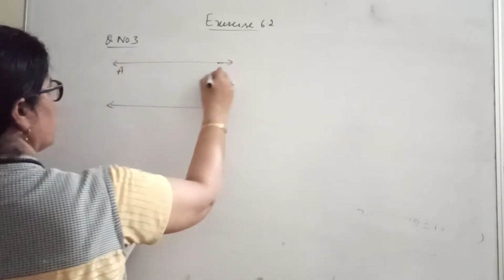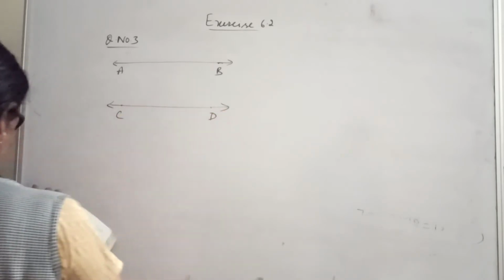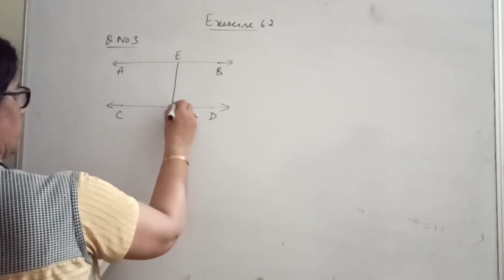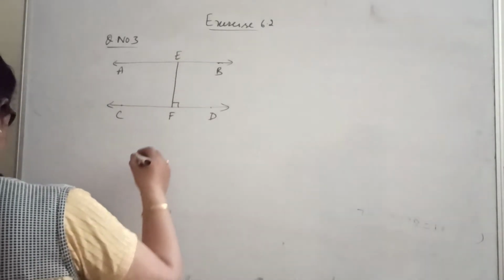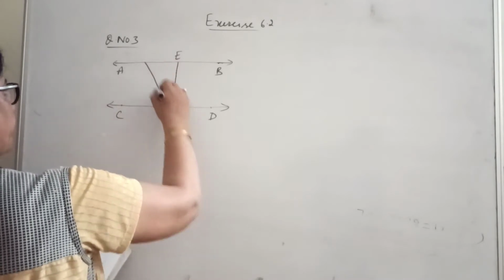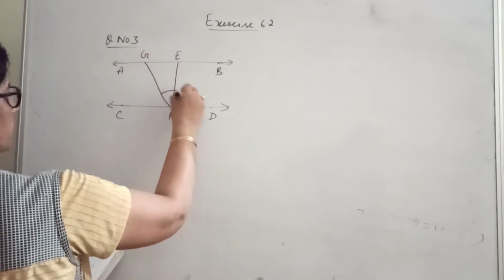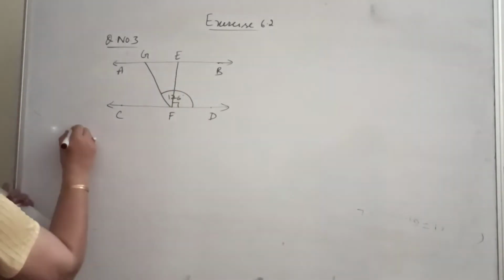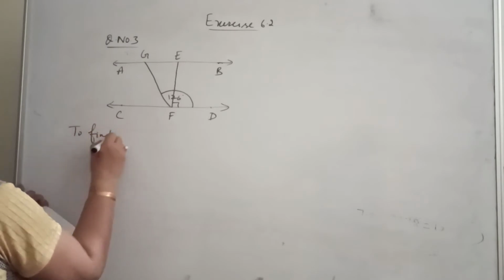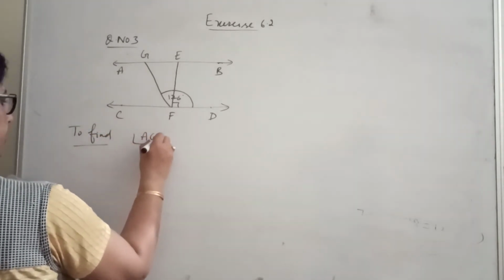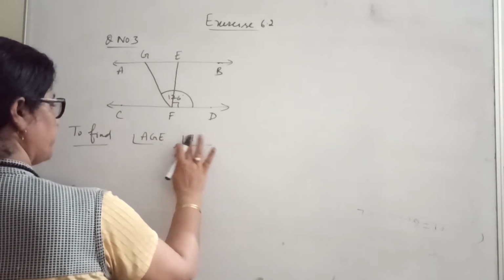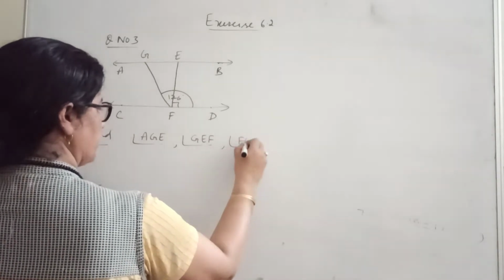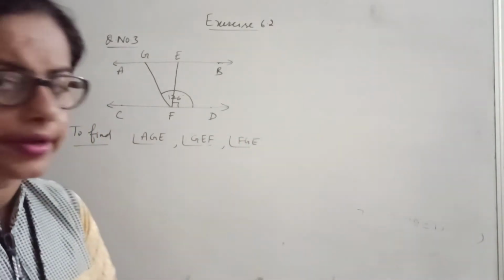EF is perpendicular to CD, and here this is point G. It is given to us that angle GED is 126 degrees. And we want to find three angles here: the measure of angle AGE, GEF and angle FGE.